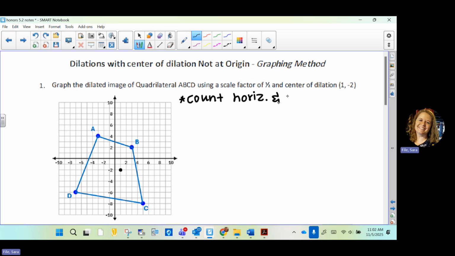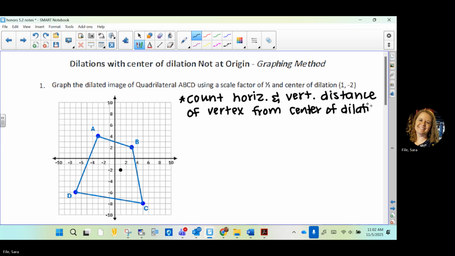So count the horizontal and vertical distance of the vertex, whichever one you're focusing on, from the center of dilation, whatever that is.